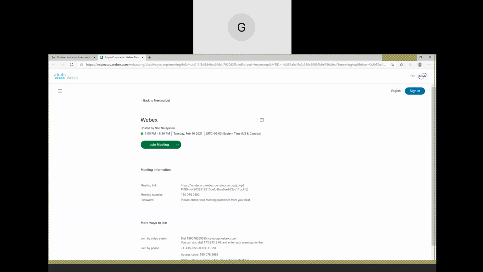You don't need a video. Are you able to share your screen? Go to the top and share desktop. If you have multiple monitors, you can choose which monitor and then click share. Yeah, we can see it.